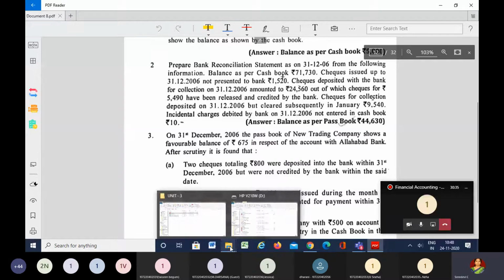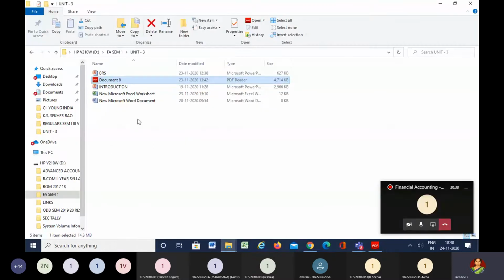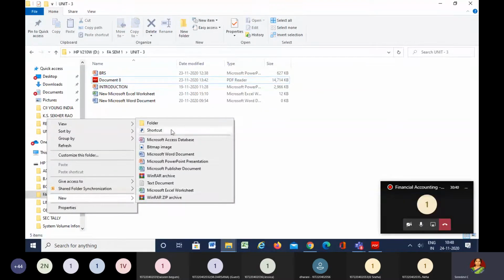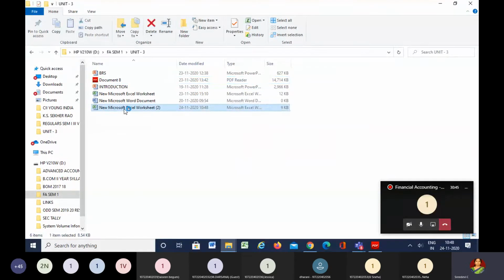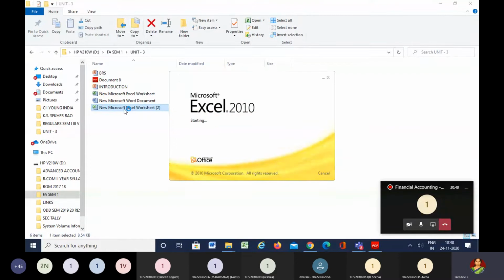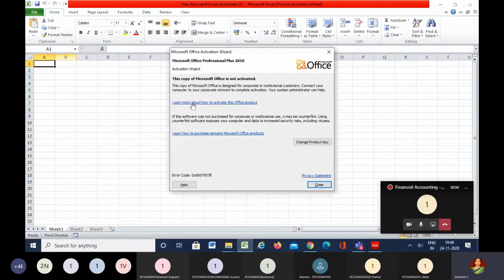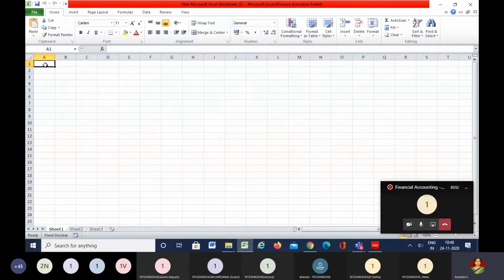So what we need to do first, so let us go and create an Excel sheet. I'm just going to do one more new document here. So in this, write down the heading as, it takes little time. Okay, for the first one, reconciliation statement as on, right?